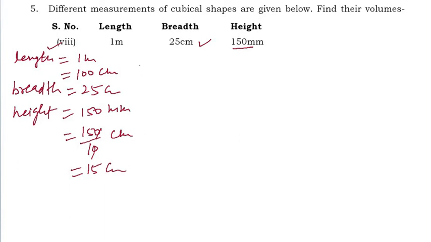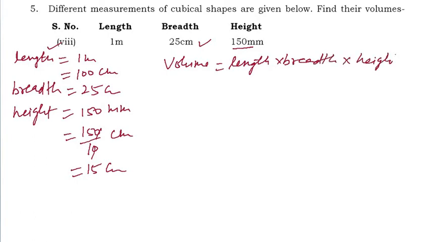Now apply the formula of volume. So volume is equal to length into breadth into height. Now put the value. Length is given as how much? Length is given as 100 centimeter. So you have to write 100, and breadth is given as 25 centimeter, and height is 15 centimeter.